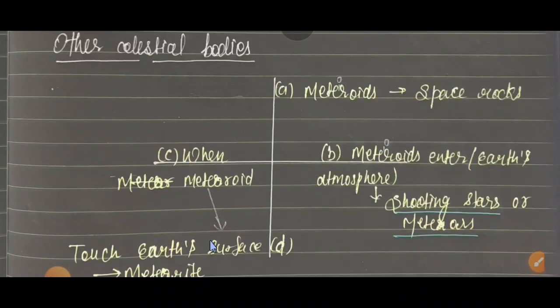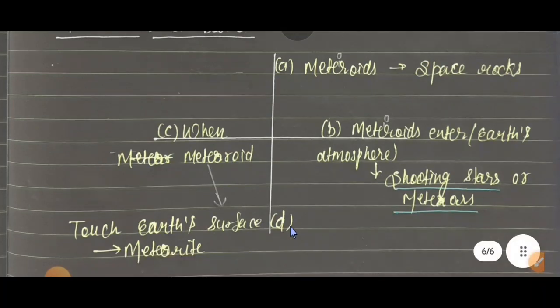I hope you understand the difference. Once again: when the rocks are in space, they are called meteoroids. When they enter our atmosphere, they are called shooting stars or meteors. And when they touch the Earth's surface without burning in the atmosphere, they are called meteorites.